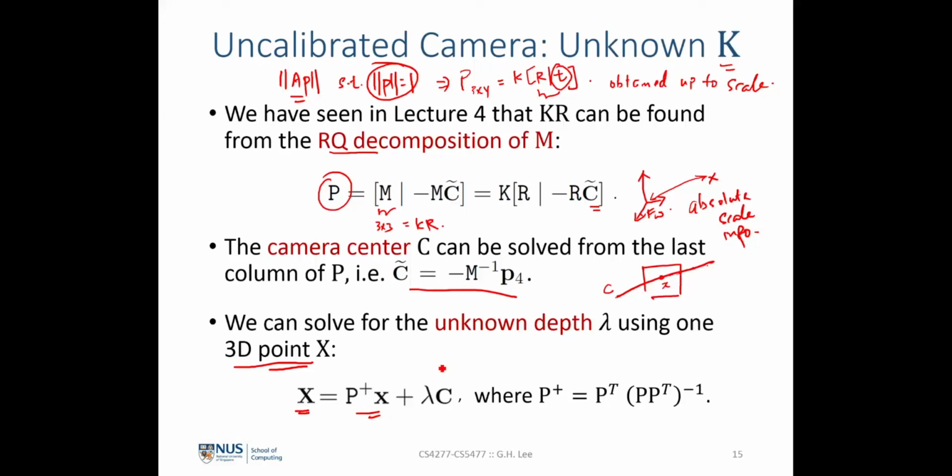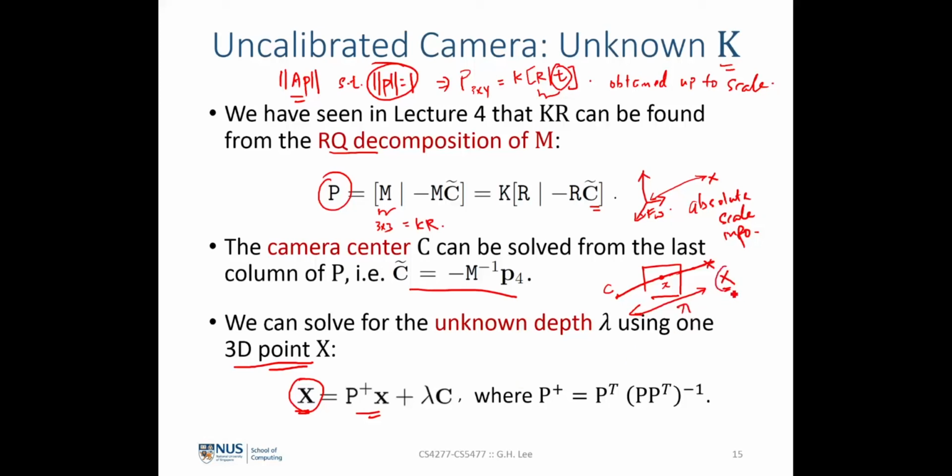So X, which is the 3D point, actually lies somewhere on this light ray over here. So let's denote this by X. And because we know the exact X from the given 2D to 3D correspondence, we know that this X here is parameterized by a single scalar value, which we call lambda here. That's the depth value over here.